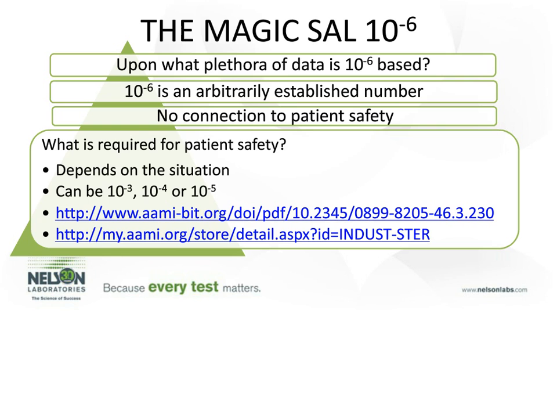And the concept behind both of those is using a mathematical model to determine what SAL for that specific product truly is necessary to ensure that the product is not increasing the potential harm to a patient.